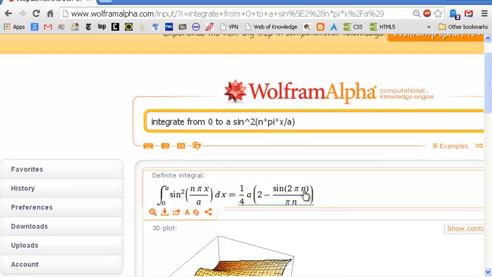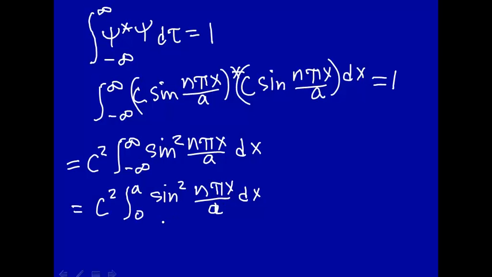Suppose n is 1. Sine of 2 pi is 0. Suppose n is 2. Sine of 4 pi, 0. So as long as n is an integer, that means that this term will be 0. So the definite integral is a over 2. Okay, well, that's handy to have. So this integral here is equal to a over 2.